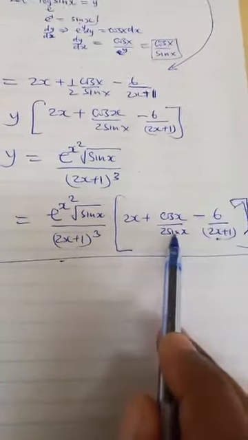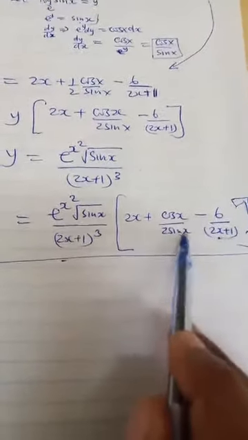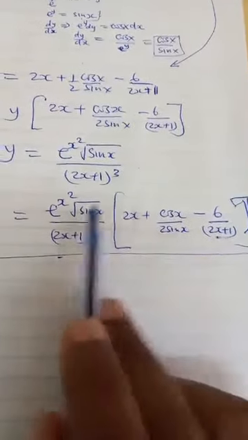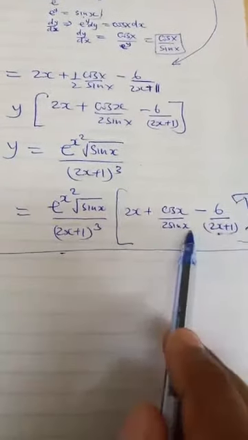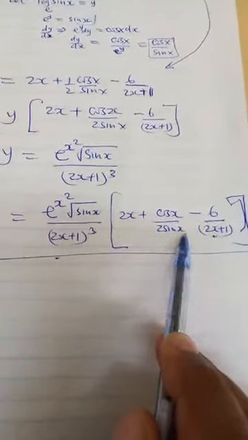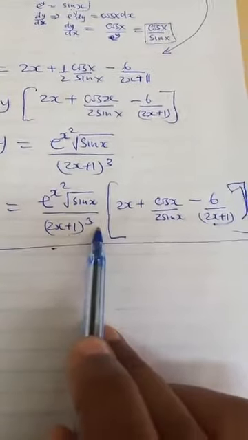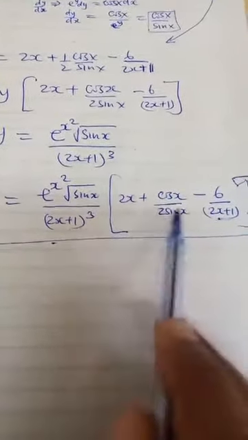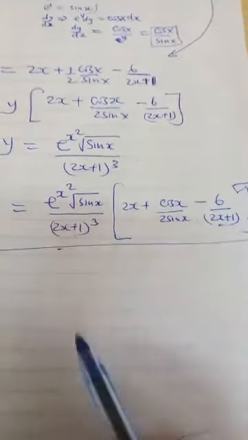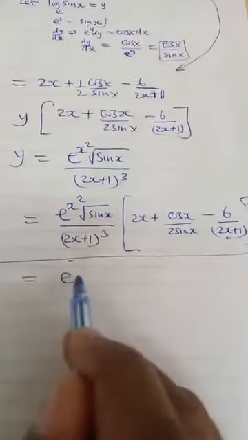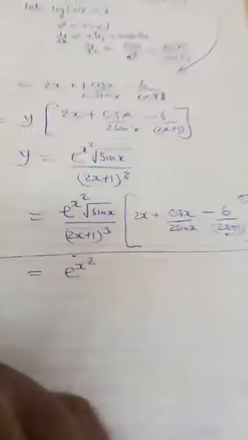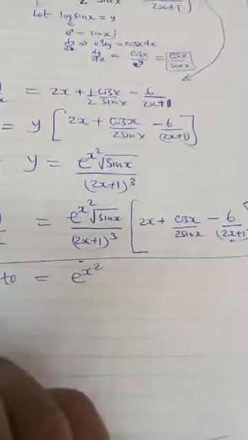And this sine will come out. But when this sine comes out and this one, they are treated as indices. This is the power half, this is the power 1. So if this goes down, it will come to the negative half and it will make this become a root of sine. So if we do that, you are supposed to simplify to show this.